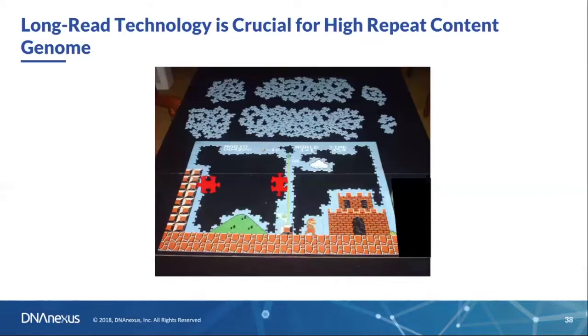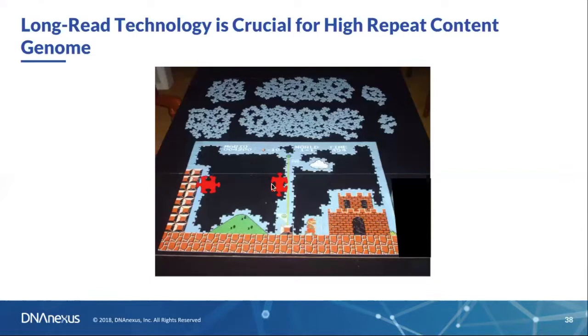Because your read is quite short compared to the repeat region here, you can't actually assemble it into the full picture here. And in the end, you're going to have a genome that is quite incomplete. Some people sometimes say that you can just skip the repeat region because it's not that important.